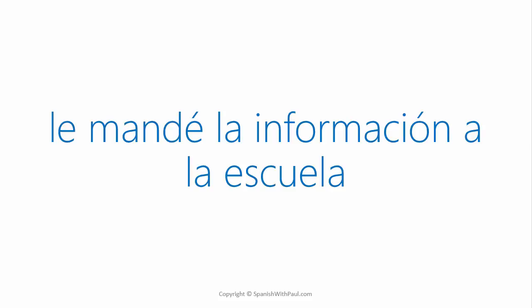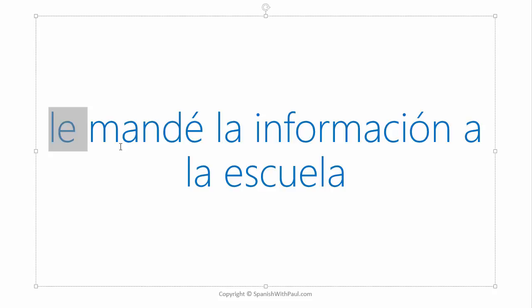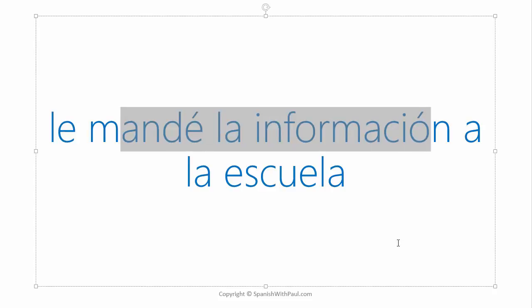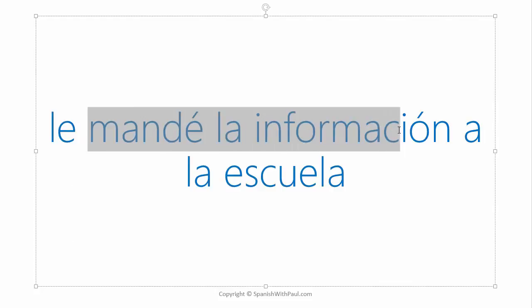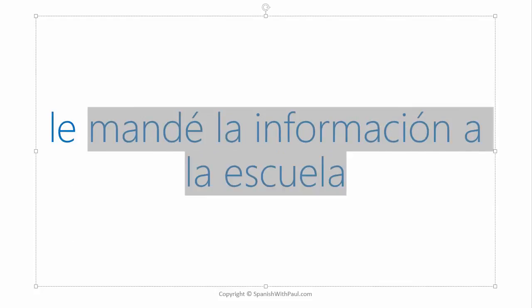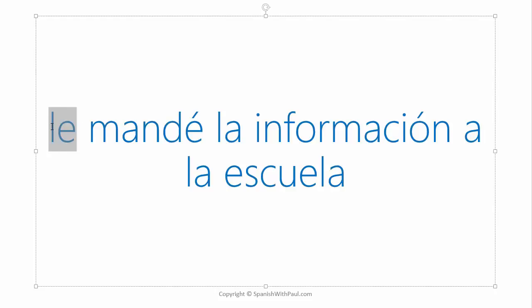Le mandé la información a la escuela. So to it, I sent the information to the school. Again, without le, it makes sense in English. I sent the information to the school. Very simple, but we have to remember this redundant le in order to sound correct in Spanish.